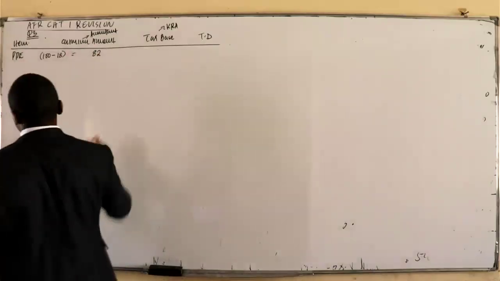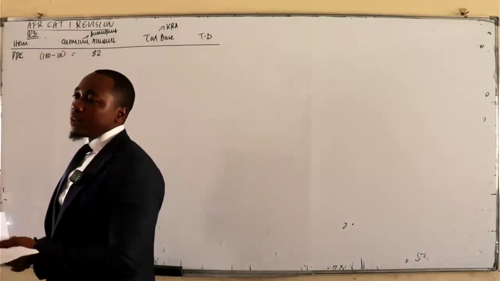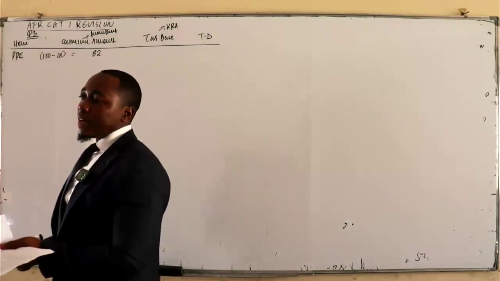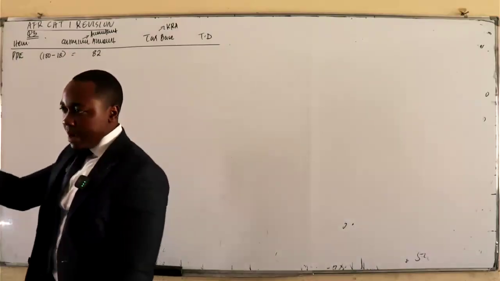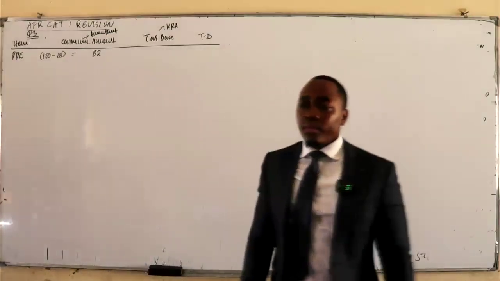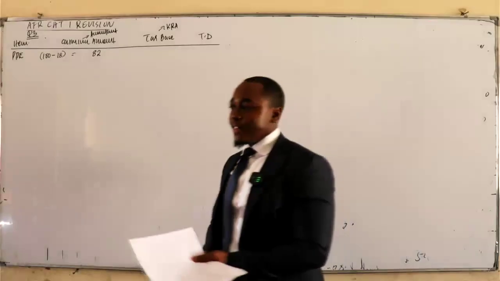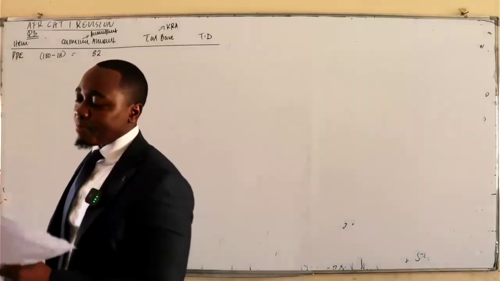Now let's go to the taxman. The taxman does not recognize depreciation. He recognizes what? The capital allowance or wear and tear. So therefore, you'll take the cost minus wear and tear. Can you give me the cost minus wear and tear? You get an amount of 70, or which should not be 70. Let's read the question again.